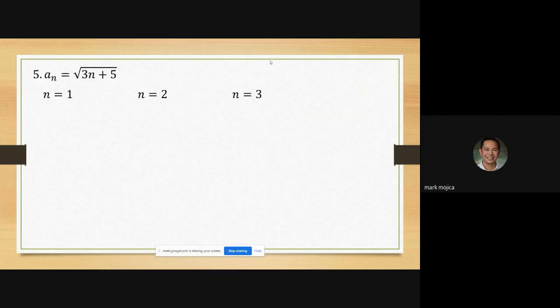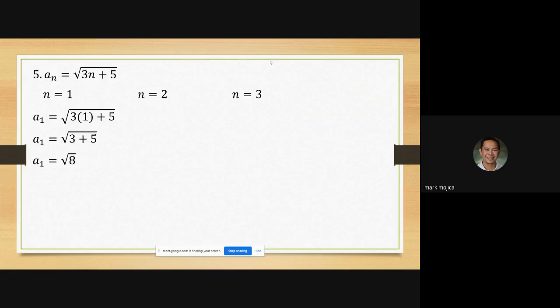Let's have number 5. This is the one that is a bit of a headache. Actually, it is not. It is easy. You just have to be more careful in analyzing. Okay, so this is a sub 1, that is 3 times 1 plus 5. So 3 plus 5 is 8. So square root of 8. What factor of 8 is a perfect square?